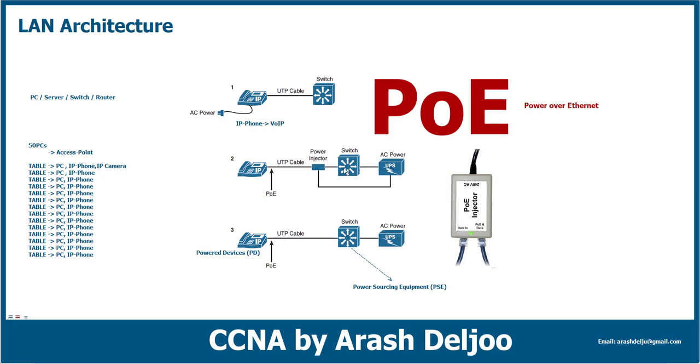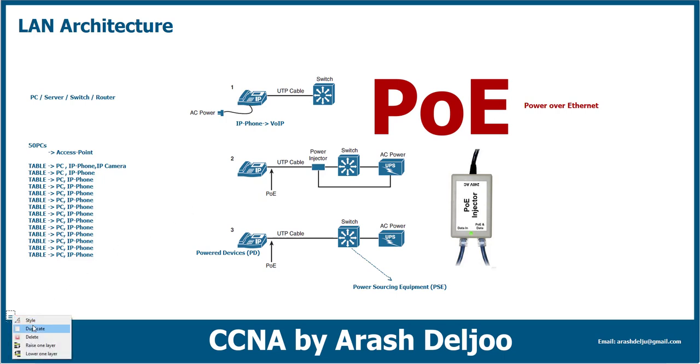Actually, when the traffic is going from the switch to, for example, the IP phone over the Ethernet cable, this power injector should inject the power into the UTP cable. And because of that, in one cable, we are receiving both power and also the data. This means that we don't need to install one new power outlet near the IP phone, near the access point, near, for example, the IP camera.